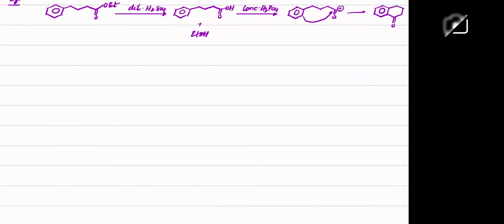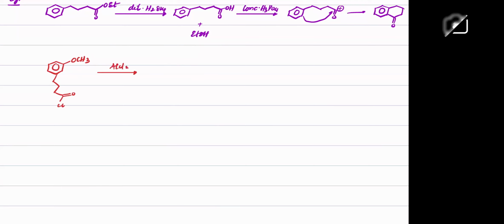Another question which is always asked here is, suppose you have some already existing group, some OCH3 group here, clear. And then on the meta position, I have 1, 2, 3, 4 here. And on the fourth position, I have an acid chloride here. And this compound is treated with AlCl3.